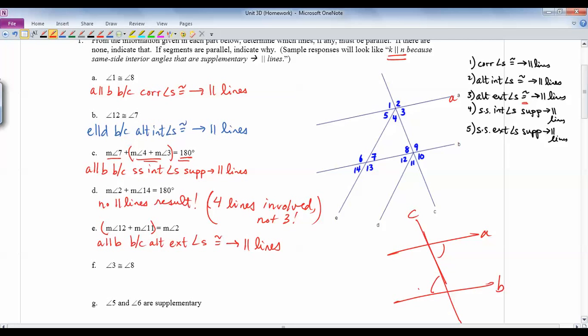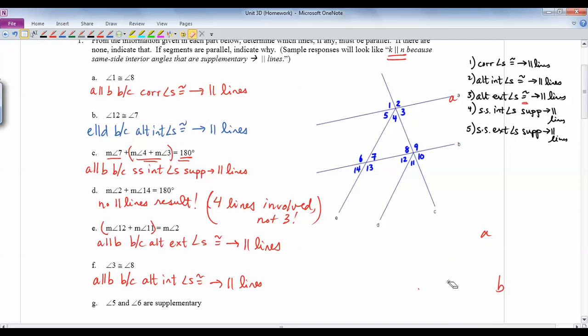So they're alternate interior angles, and we know they're congruent. Those give us parallel lines, and in this case it's A and B. So A is parallel to B because alternate interior angles that are congruent give us parallel lines.